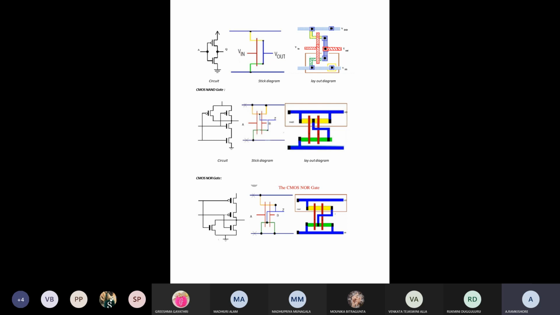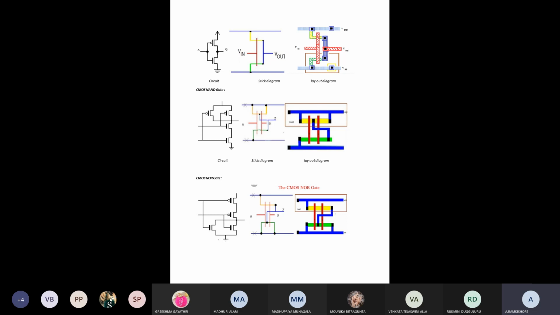If we are not taking the same input, we have to take some extraction; that means we should place a contact between polysilicon and metal and apply the input voltage.